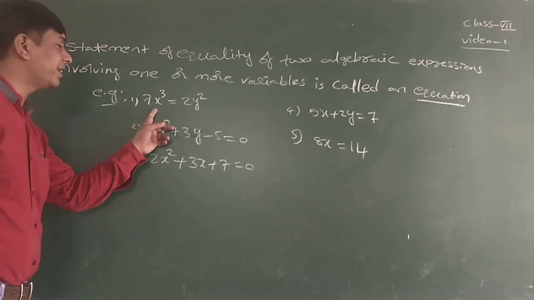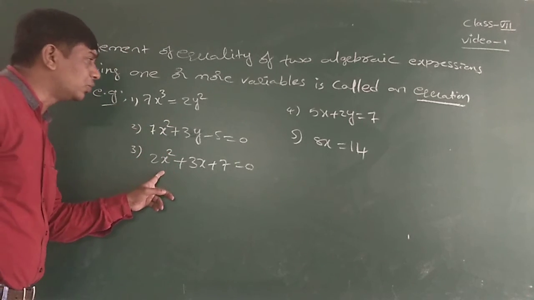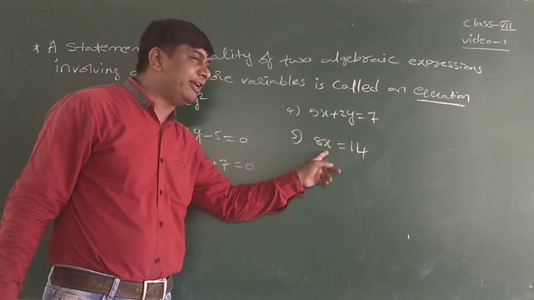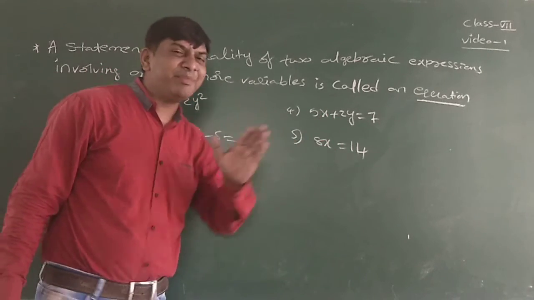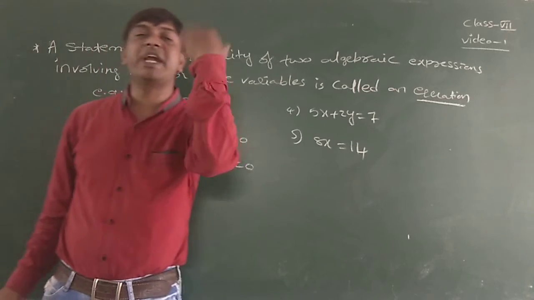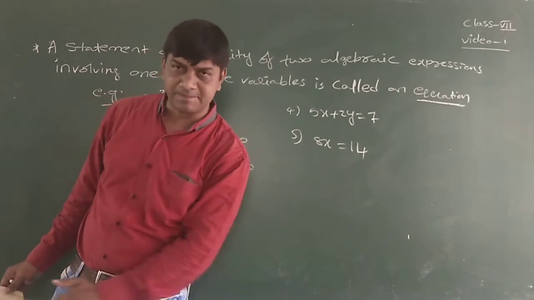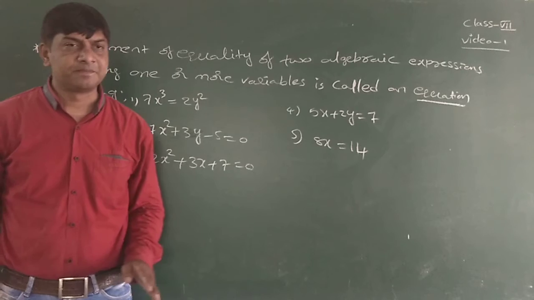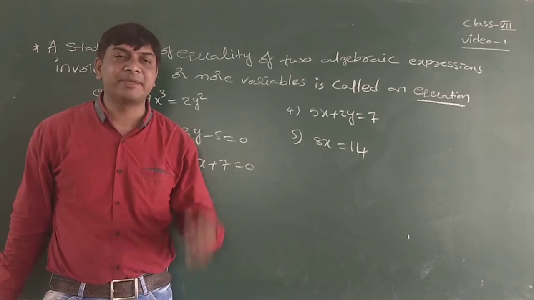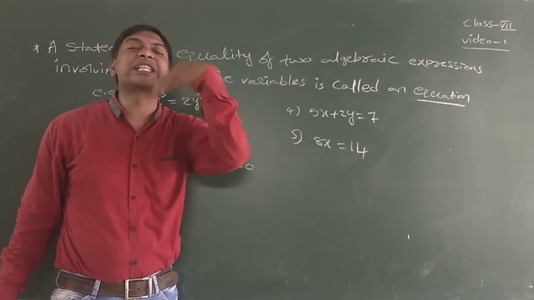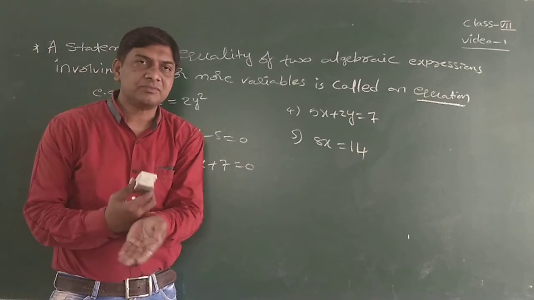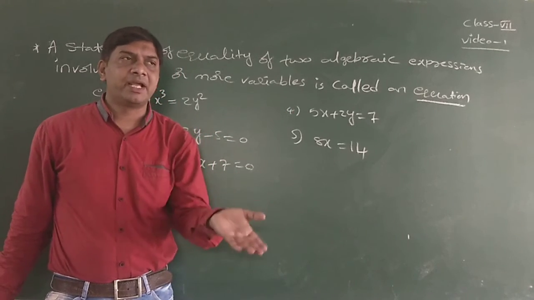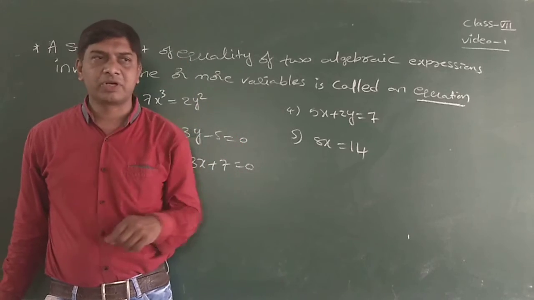Here degree 3, here degree 2, here degree 2, here degree 1, here degree 1. So the degree of the equation means the highest exponent among all the terms. Okay.